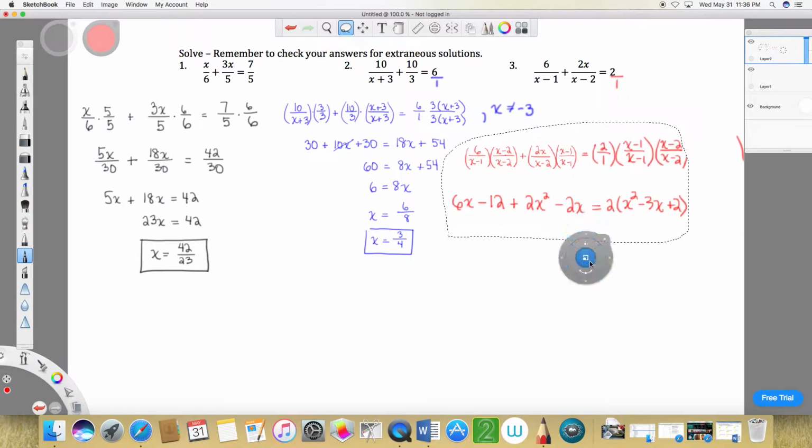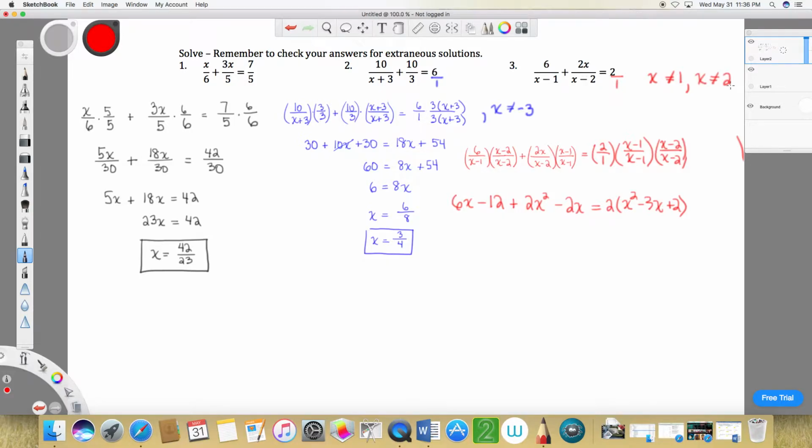If I look at that denominator, I'm going to make the remark now to know what to look for, that I don't want a solution of 1, because 1 minus 1 is going to give me 0. I want to make sure that I don't have a solution of 2, because 2 minus 2 is going to give me a 0 in this original equation, and we can't have that.